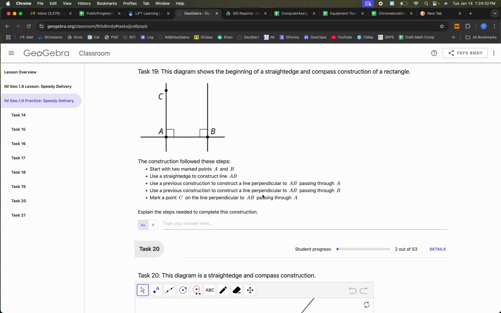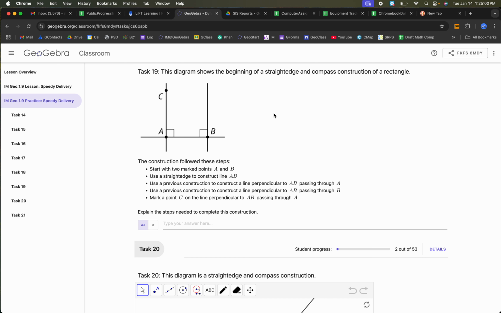Then it says make a line perpendicular to AB passing through A. Okay, so that gives us this line, and then use another construction to construct a line perpendicular to AB but passing through B. So now I have these two lines going up and down and this line going straight across here. Mark a point C on the line perpendicular to AB passing through A. That's that point right there.